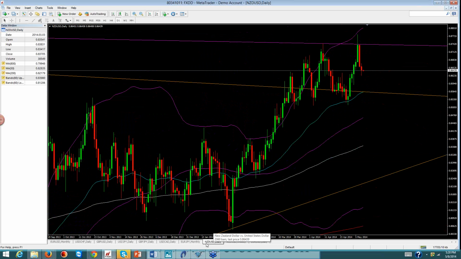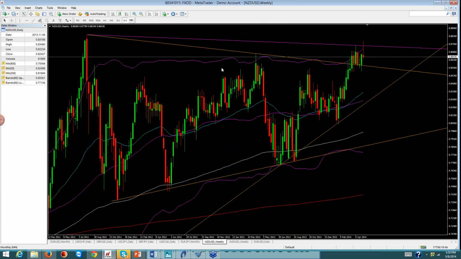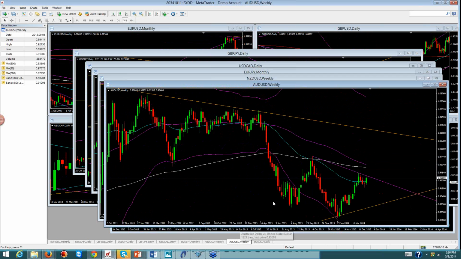New Zealand had a sell day, but not such a big sell day as you would expect. If tomorrow closes the way that it has, then this trend line will have held, and it will look like the New Zealand dollar wants to continue downward. So we're going to look for a sell bias on the New Zealand dollar if it closes here where we are.